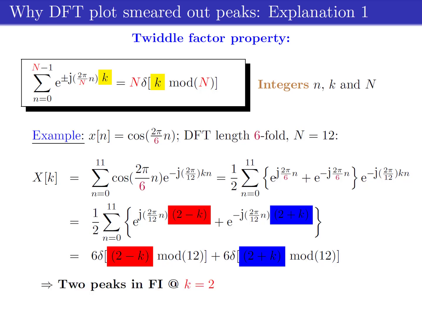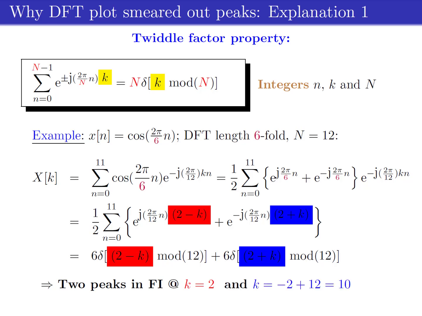The first summation is always 0, except for the case when the frequency index 2 minus k modulo 12 is equal to 0. Thus within the fundamental interval, the first summation is equal to 0 for all frequency indices k, except for k is 2.